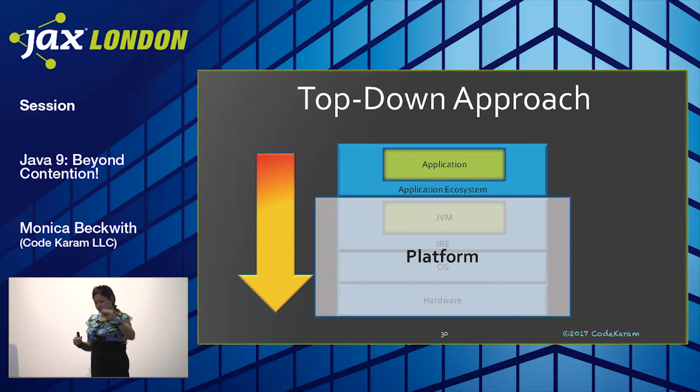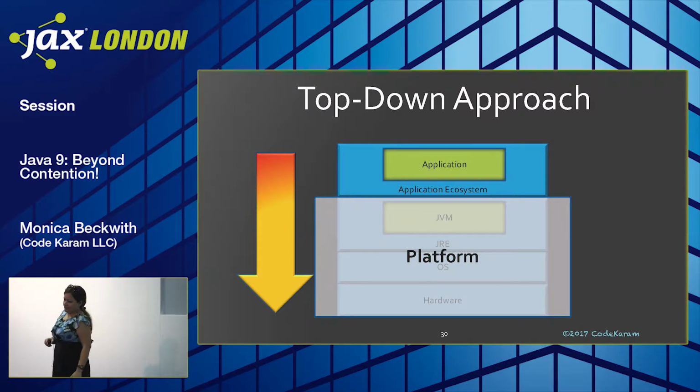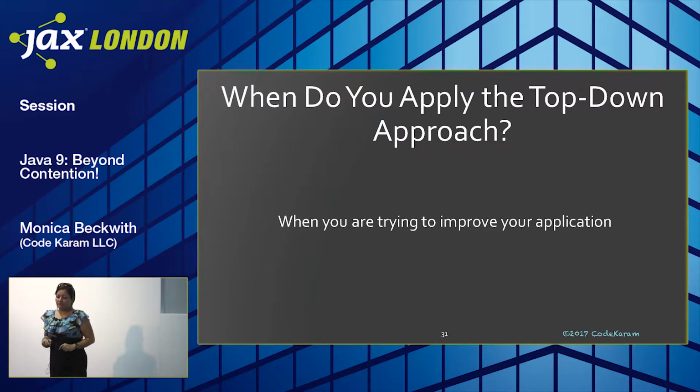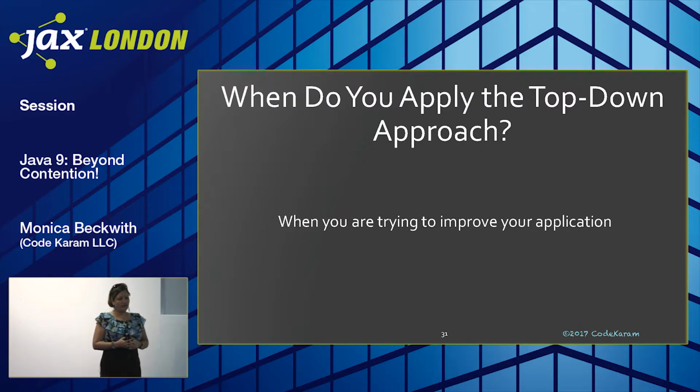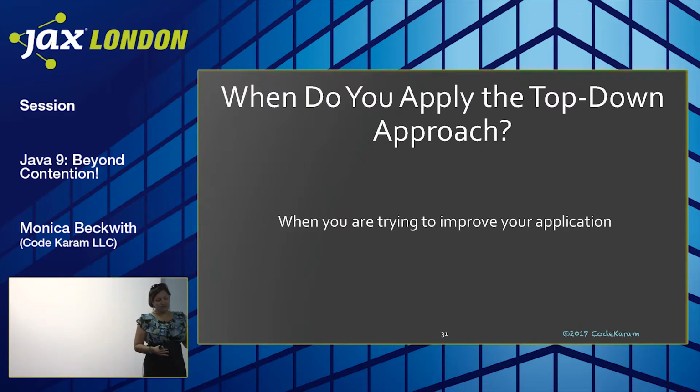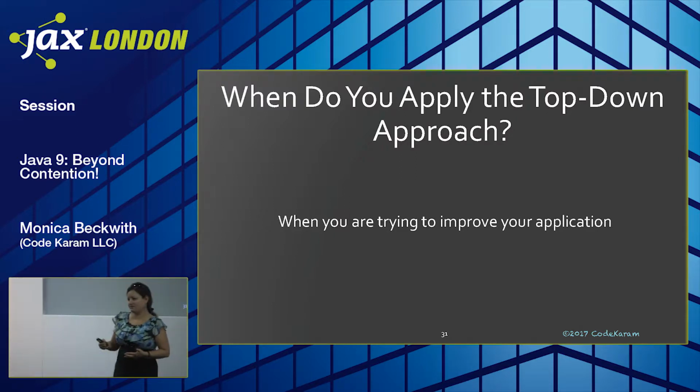So what matters is my application. Any test that I'm doing gives me the most information for my application, and the platforms are basically anything that my application supports. So when do we choose the top-down approach? When we're trying to improve our application. We made changes to the application, and we hope that there's an improvement, and then we want to verify that in fact there is an improvement.